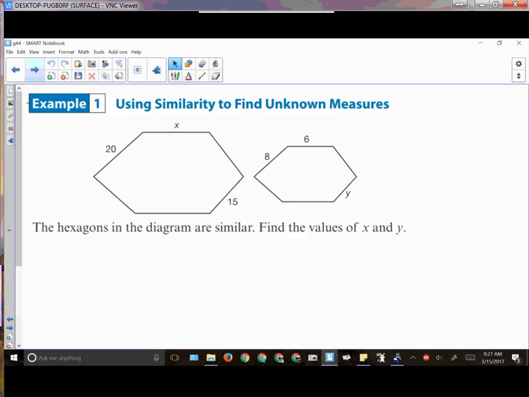But are these shapes going to be the same to each other for everybody in the room? Is that ratio going to be the same? Is that comparison going to be the same for everybody? In other words, because one side here is 20 and this side is 8, is that ratio, is that comparison always going to be the same?